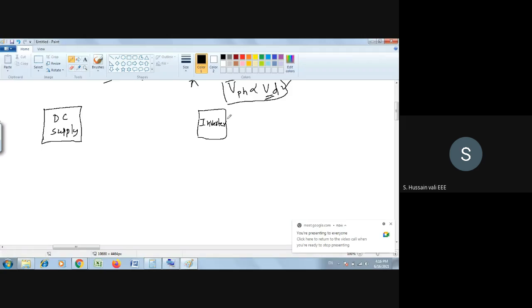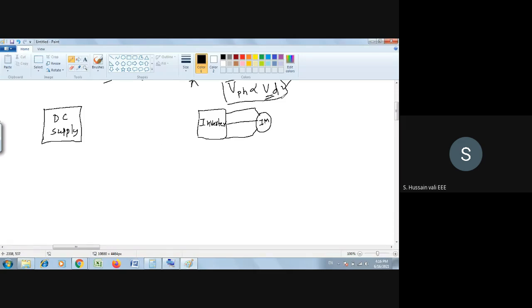Then the output of the inverter goes to the induction motor. So you will get the DC supply to the inverter, then the inverter will convert the DC to AC, and that goes like this.